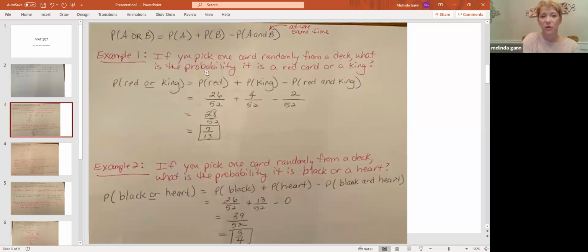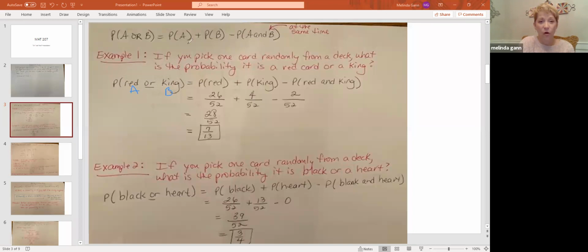All right, let me show you what I'm talking about. If you pick one card randomly, so we've got a deck and we shuffled it up, and you close your eyes and pick one card, what's the chance it's a red card or a king? Remember, if you want any kind of partial credit, I need a P and what you're looking for in the parentheses. So red or king. Does everybody understand that red is my A and king is my B?